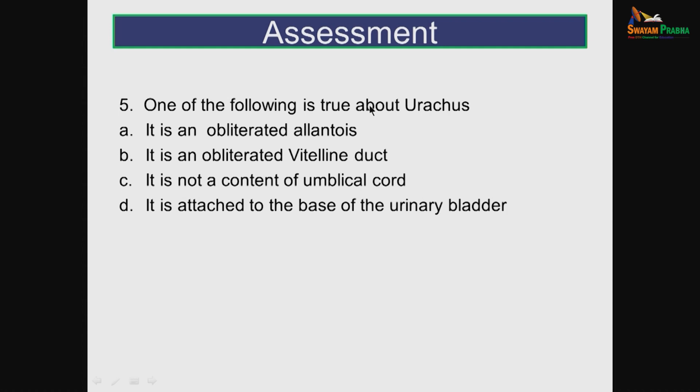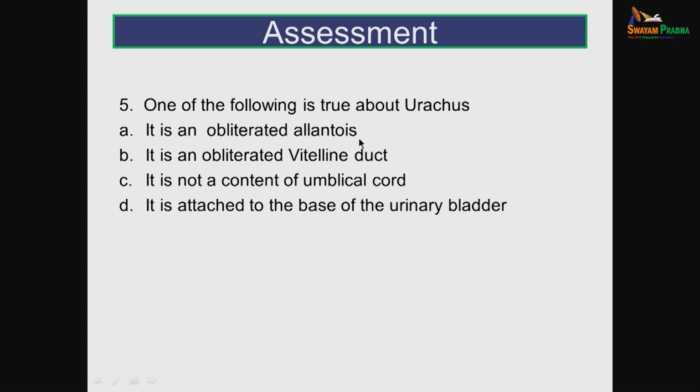One of the following is true about the urachus. The choices are: it's an obliterated allantois, it's an obliterated vitelline duct, it's not a content of the umbilical cord, it is attached to the base of the urinary bladder. The answer is A. It's an obliterated allantois.